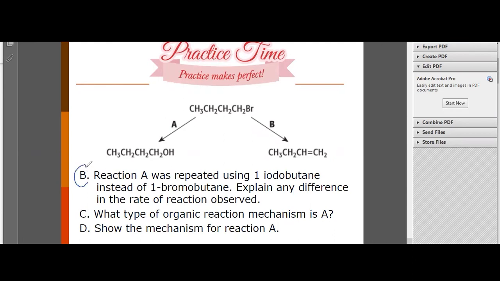For B, the reaction is faster with 1-iodobutane, as the C-I bond is weaker than the C-Br bond, so it's broken more easily. What type of organic reaction mechanism is A? Nucleophilic substitution. Show the mechanism for reaction A. You can see that this is a primary halogenoalkane, so SN2 will occur here.